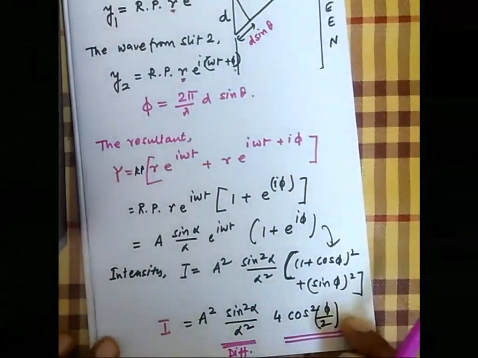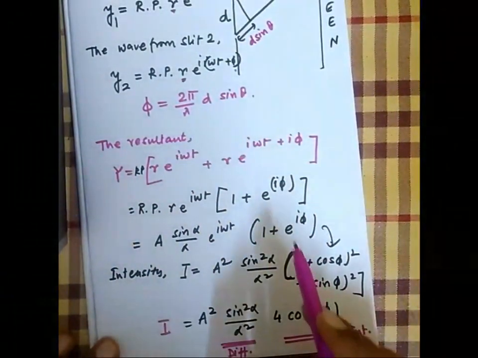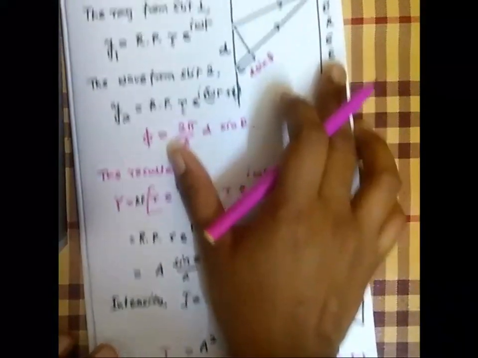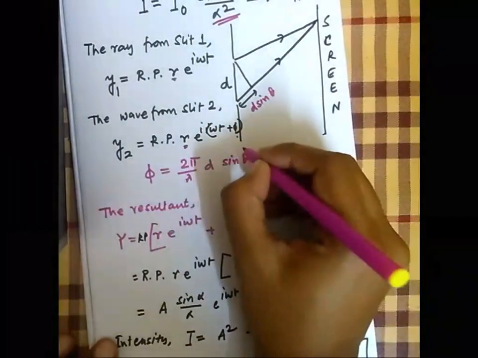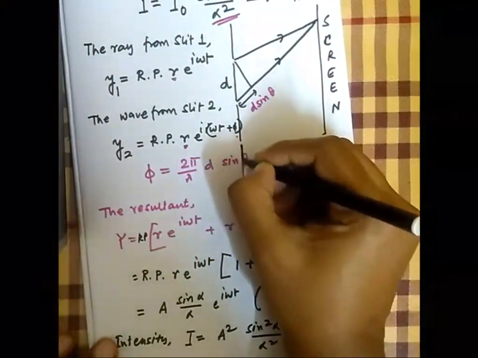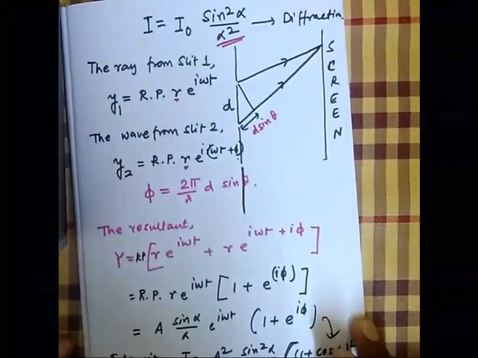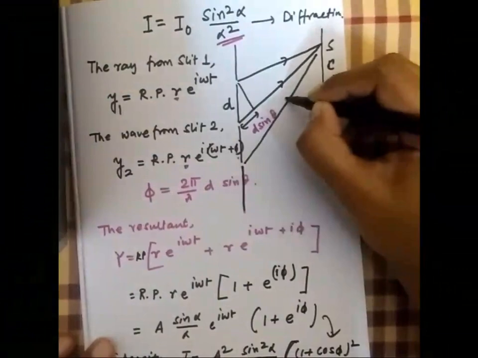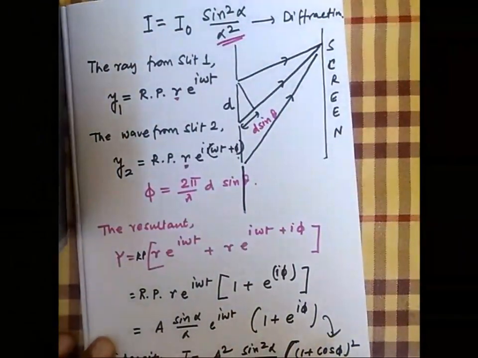But I introduced you to this particular way of calculating it in terms of e to the power i omega t and so on, so that now you can extend this problem and add another slit to it. So just consider there is one more slit. If there is one more slit, then there will be one more wave, right?